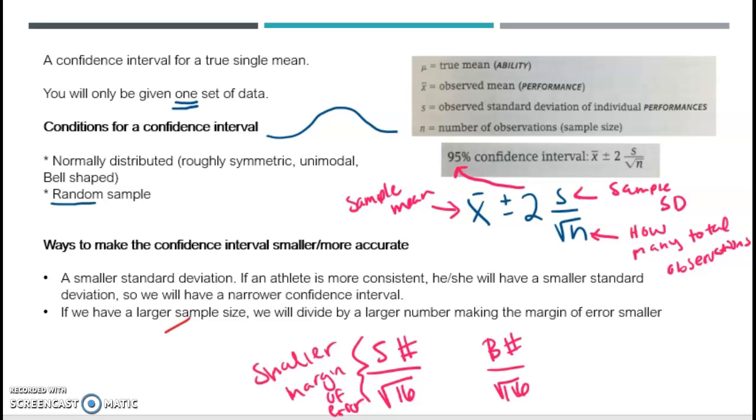The fraction will be smaller if we have a sample of 200 versus a sample of 10. So this number would create a smaller margin of error. And again, for the same reasons, it would then create a smaller, more narrow confidence interval.